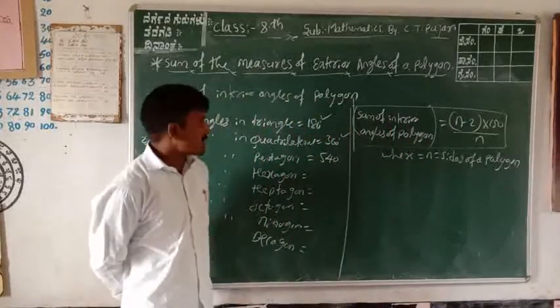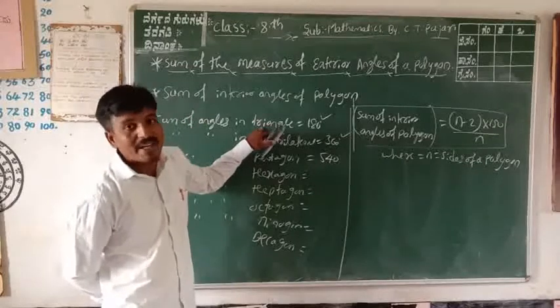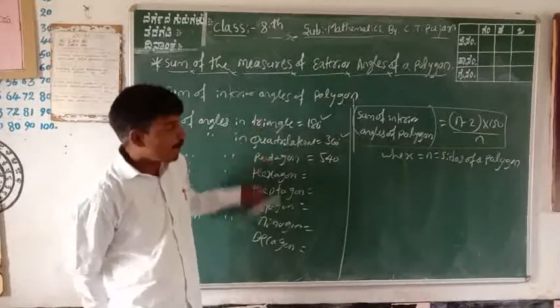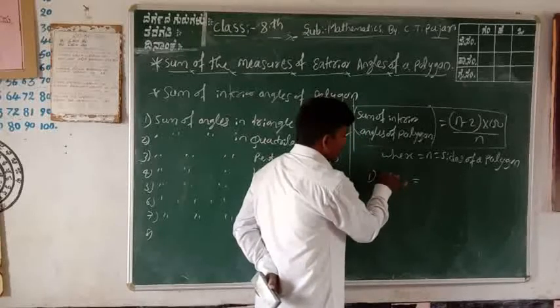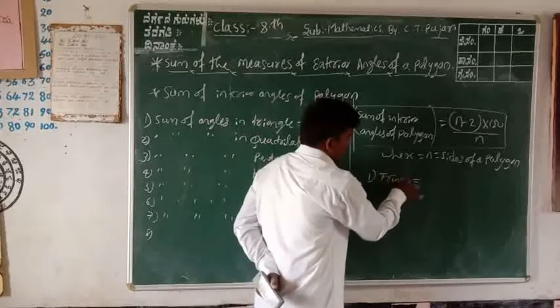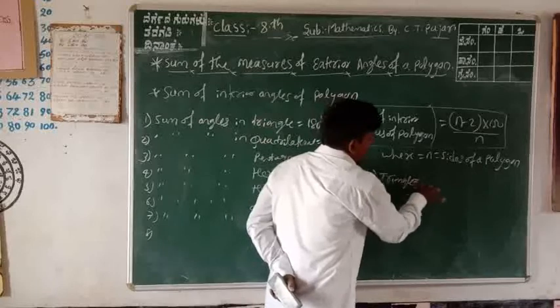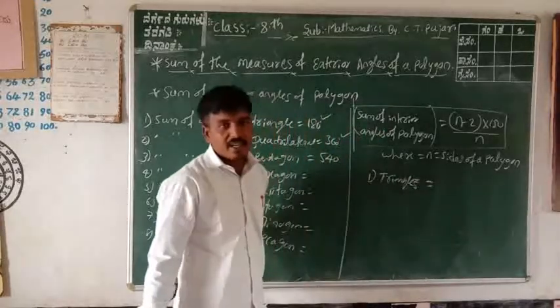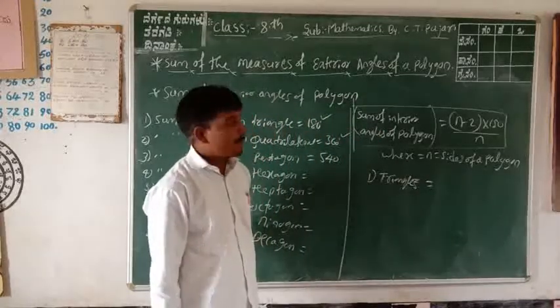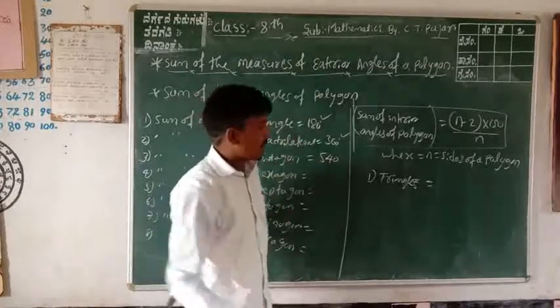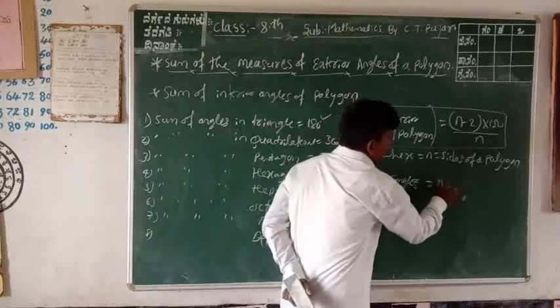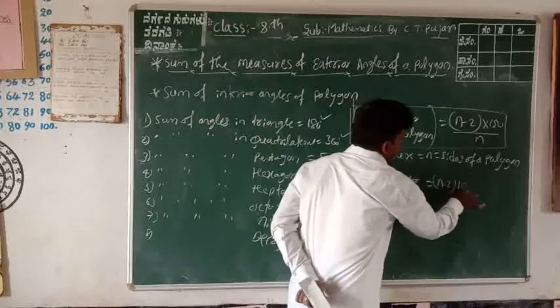You can choose a triangle. How many sides are here? 3 sides. Therefore, for a triangle, n is equal to 3. Formula is (n minus 2) into 180 degrees divided by n.